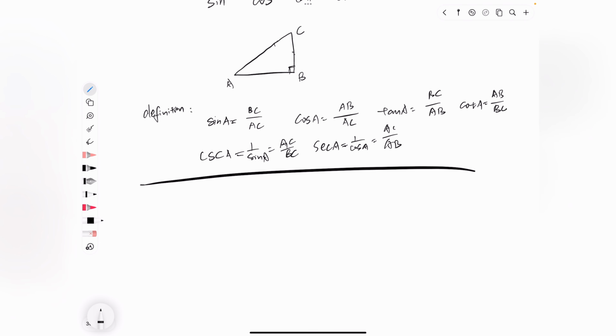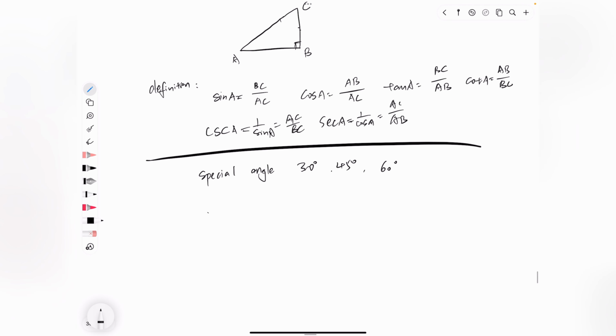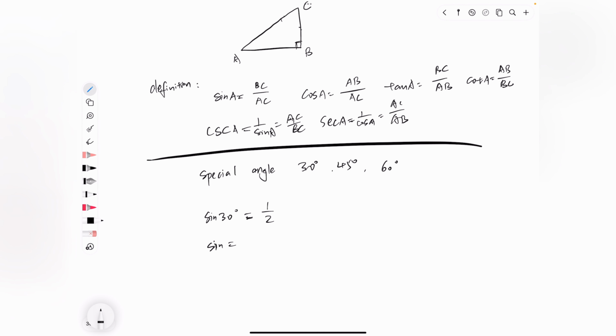For example, we have some very special angles, like 30 degrees, 45 degrees, and 60 degrees. Sine 30 will be half. Basically, if we have a right triangle where this angle is 30 degrees, this one will be 60 degrees.